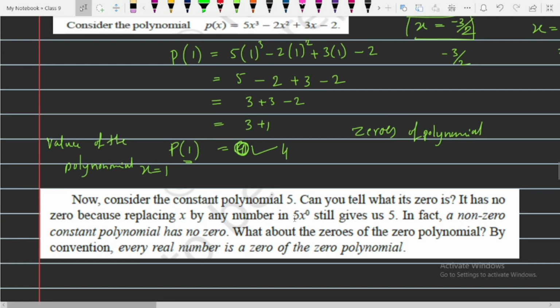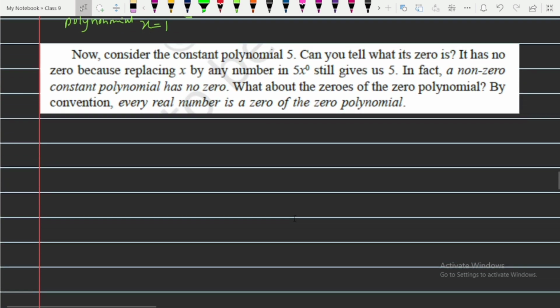Next we are going to see, for a constant polynomial, what are the zeros? For example, take the polynomial p of x equal to 5. This is a constant polynomial. Here the variable is there in the form of x to the power 0. Let's check for x equal to 1. 5 into 1 raised to 0 is 5 into 1, so the answer is 5.